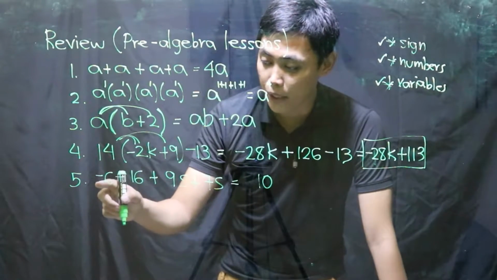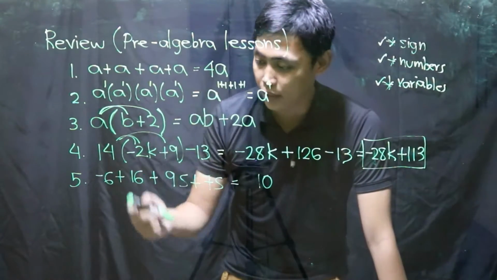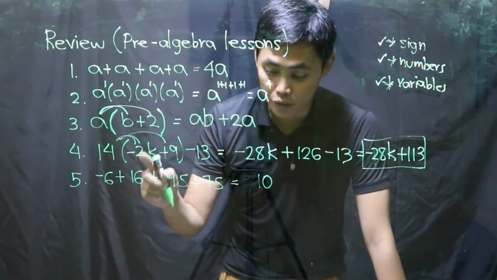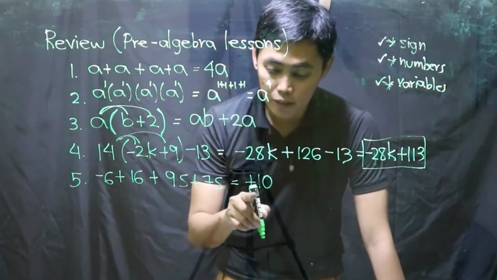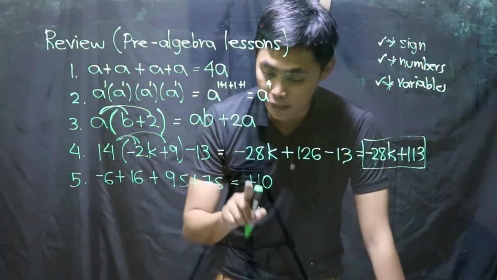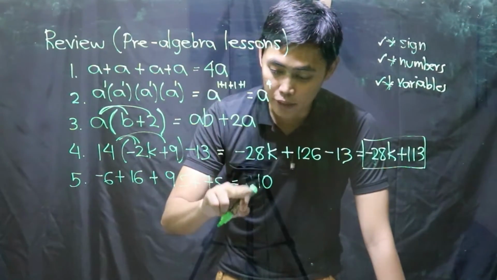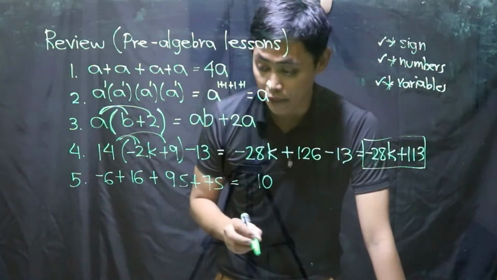And which is bigger, 6 or 16? The answer is very good, 16. And 16 is positive, so therefore, since 16 is the bigger number, then we will make 10 a positive number. And also, no need to write the plus symbol, since if you don't write a plus symbol to a number, it is considered to be positive.